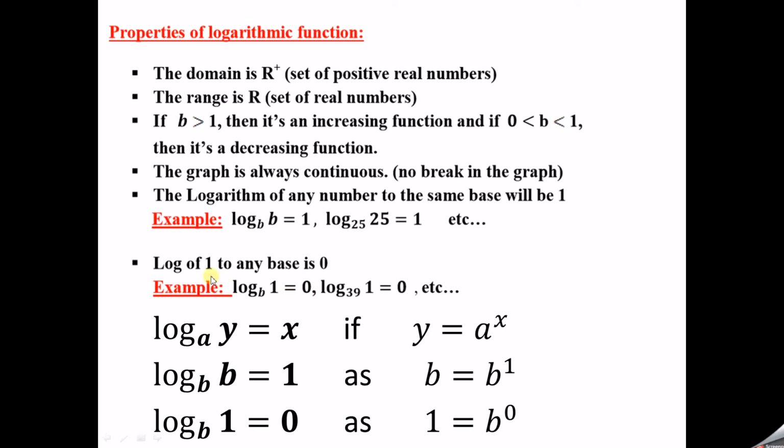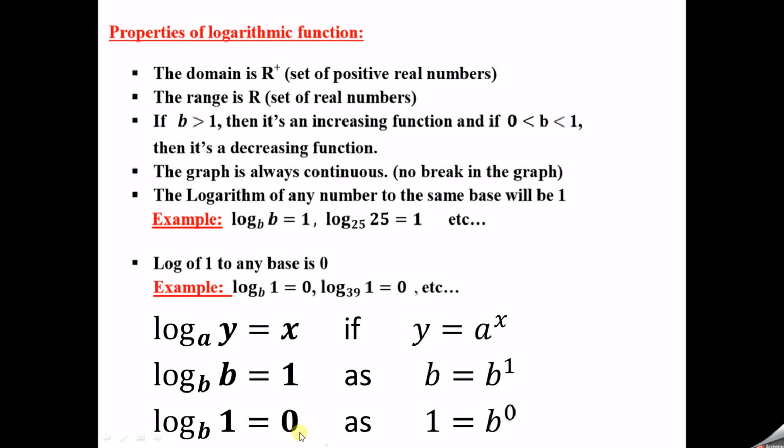And also the logarithm of 1 to any base is 0. The logarithm of this number 1 to any base is always 0. This comes from the property that 1 is equal to b power 0. For any number b, if the power is 0, the value is 1, where the base is positive and not equal to 1. So this is in the form of an exponent.